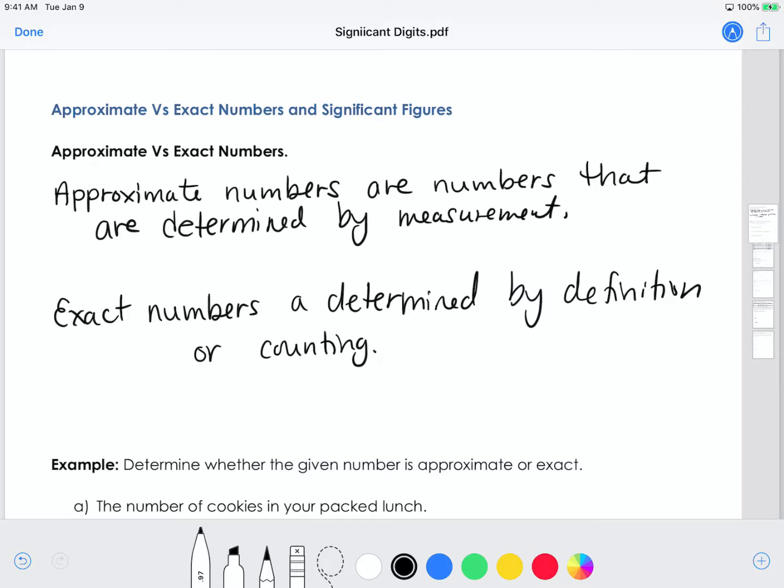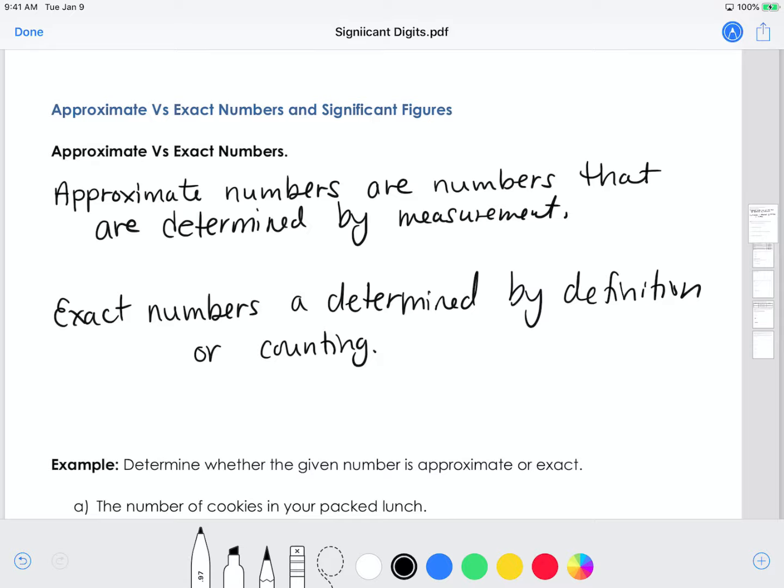So measurement may be different from person to person. It also might depend on the tool that you're using to measure. And it also might depend on the person's preference on how to round. So when you're measuring something, it's going to be considered an approximate number versus an exact number.